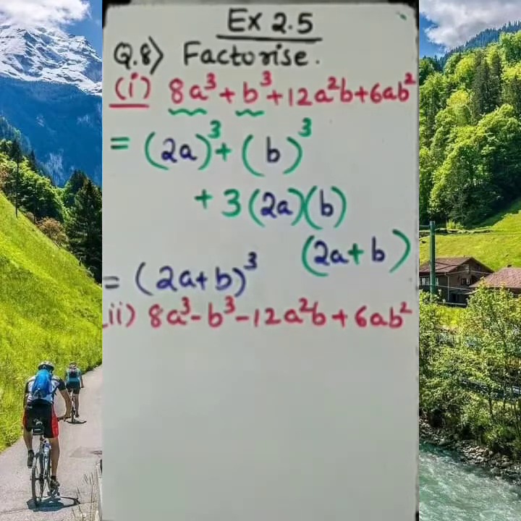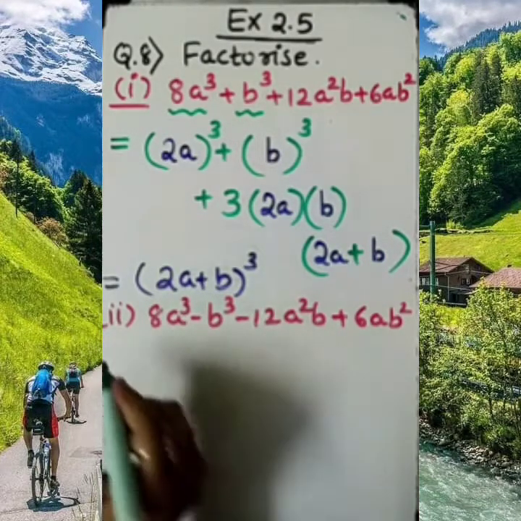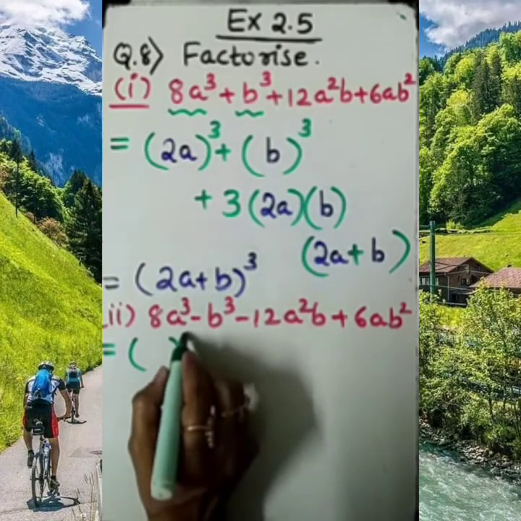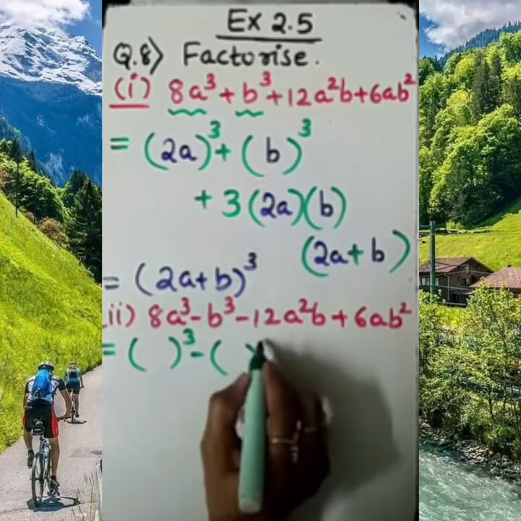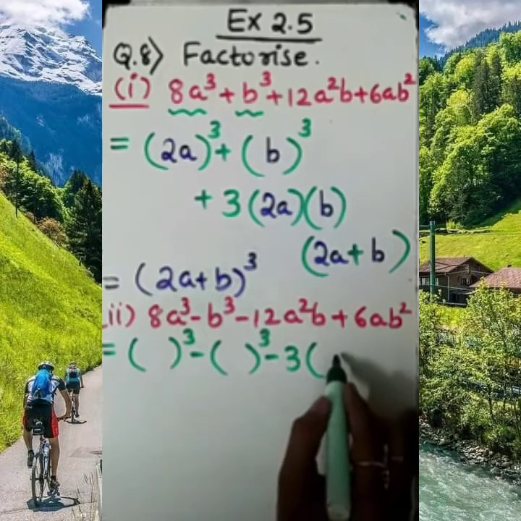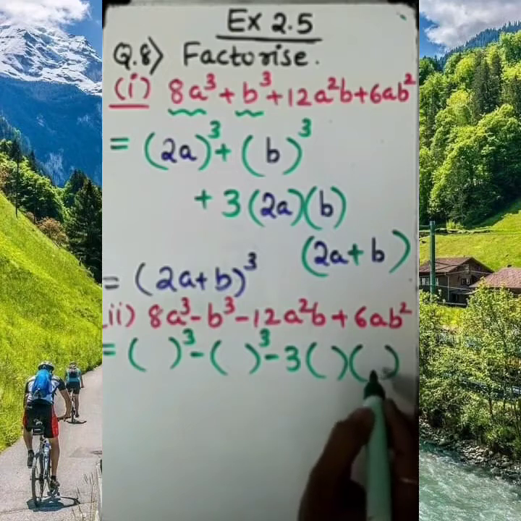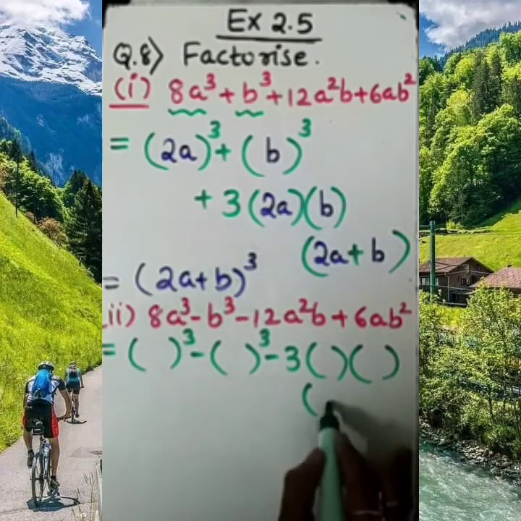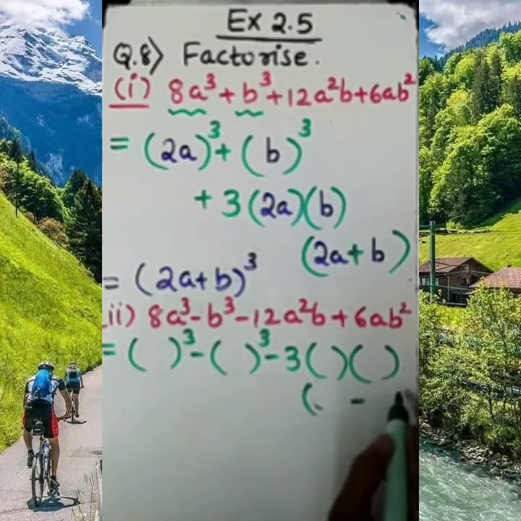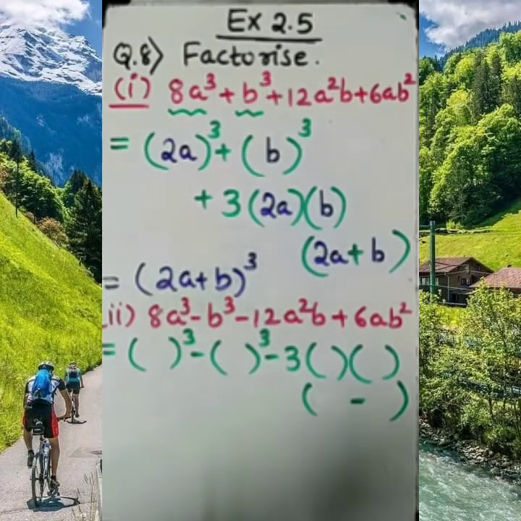So this time we need to apply the minus wala identity of cube. We know, dear student, a cube minus b cube minus 3ab, in bracket a minus b. This is a and this is minus and this is b. You can say x or y also, same thing.